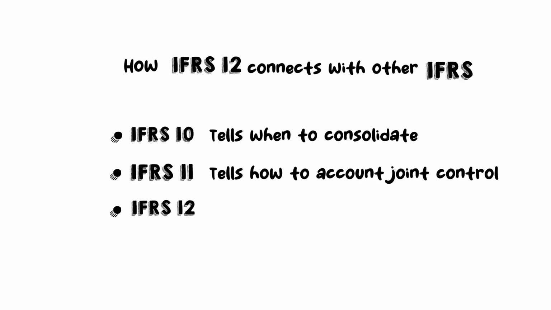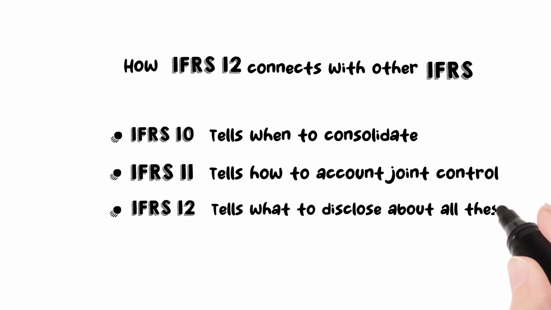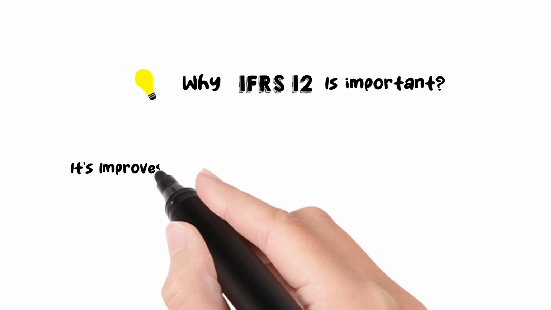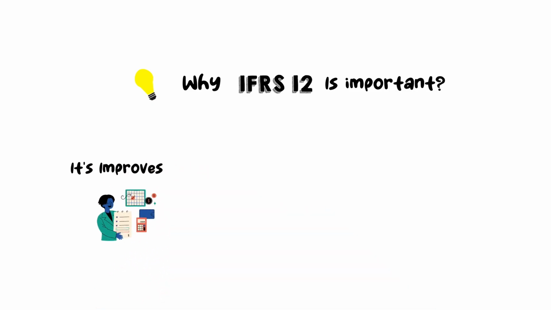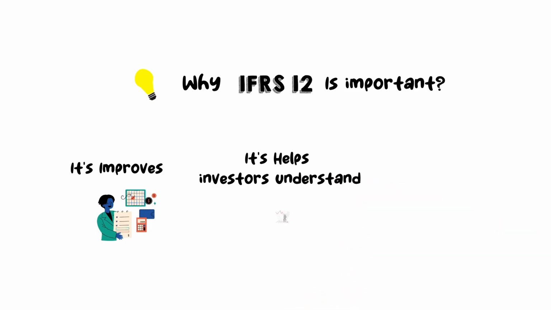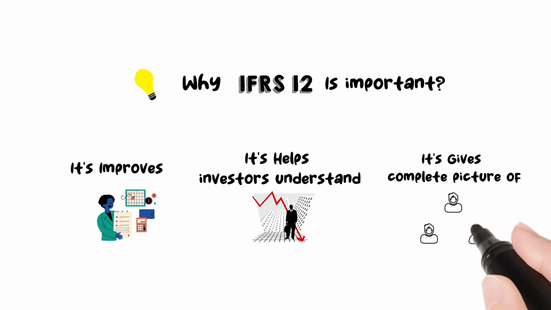IFRS 12 tells what to disclose about all these. Why is IFRS 12 important? It improves transparency. It helps investors understand hidden risks. It gives a complete picture of group structure.